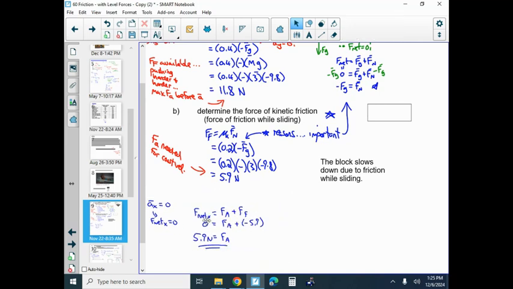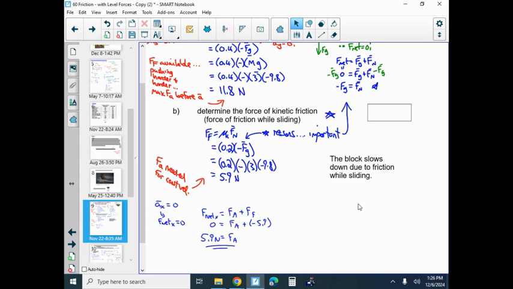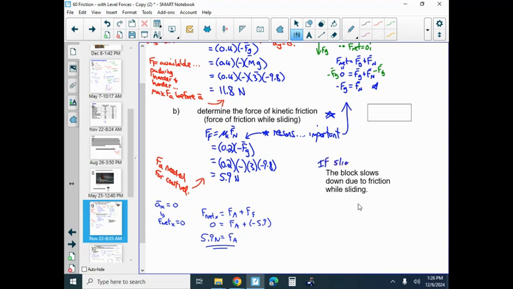Distinguish here for constant velocity. That's this stuff, right? So that's that work. And then, if sliding freely, if sliding without a force, then the block is going to slow down.